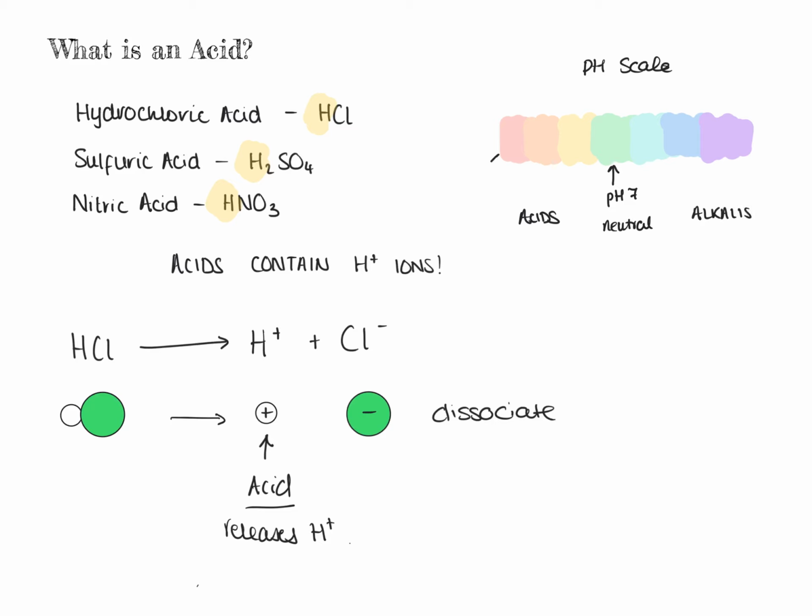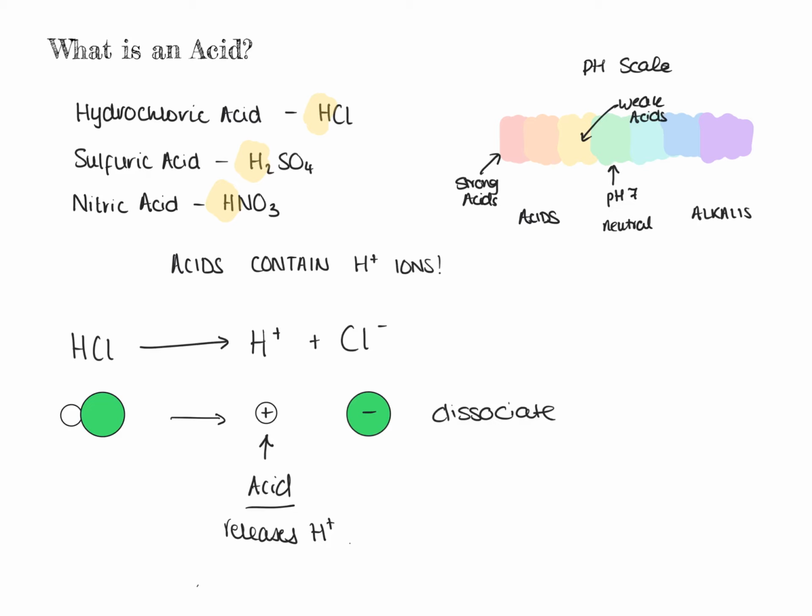So these are your strong acids, which are around pH 1 and 2, and these ones are your weak acids as we get closer to the middle, closer to neutral. Equally on this side we've got weak alkalis going up to strong alkalis. So your strong acids and alkalis are at the extreme ends of the pH scale.